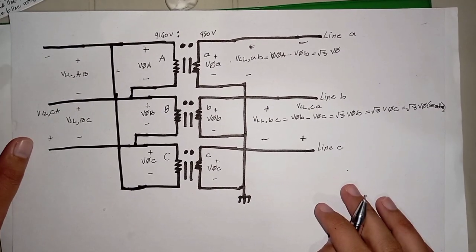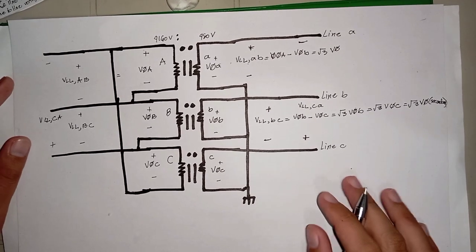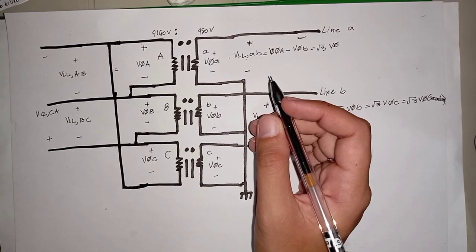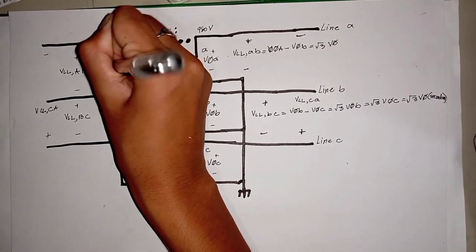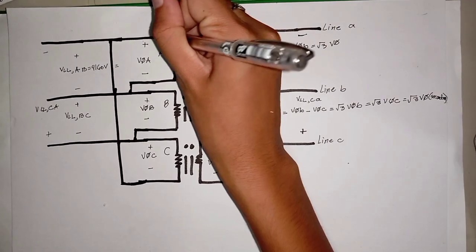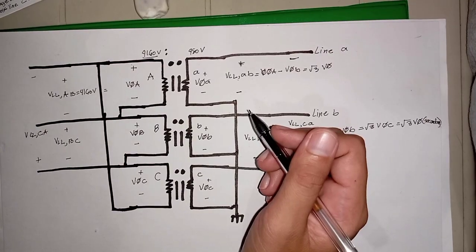So if we took a super duper voltmeter and measured across line A and line B on the primary side of our transformer, we should expect 4160 volts. This is our line-to-line voltage that we assumed.